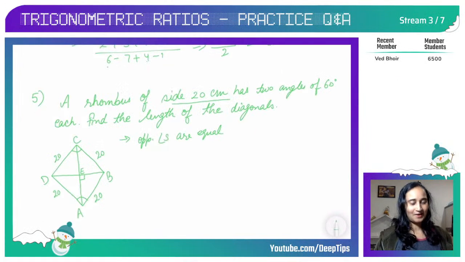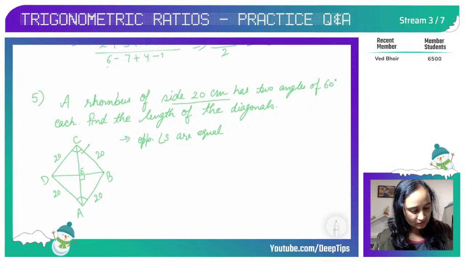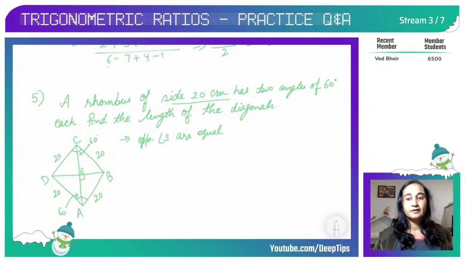If you have any clue, you can type in the chat how to do this. What else do we have in this diagram? They have mentioned that each angle here is 60 degree, correct? I have drawn the diagonals, and diagonals bisect the angles, so this is 30.